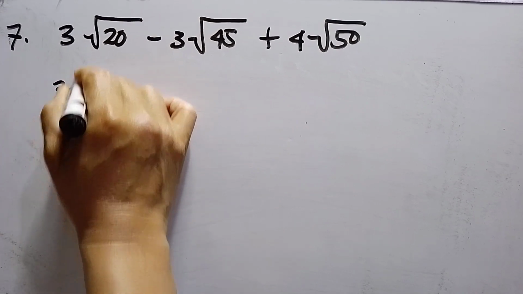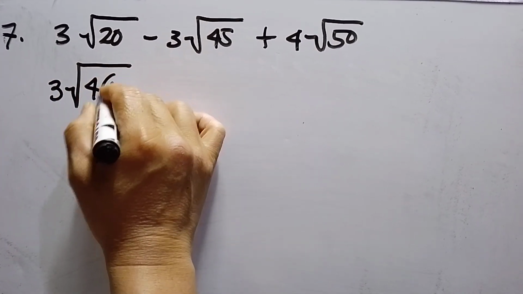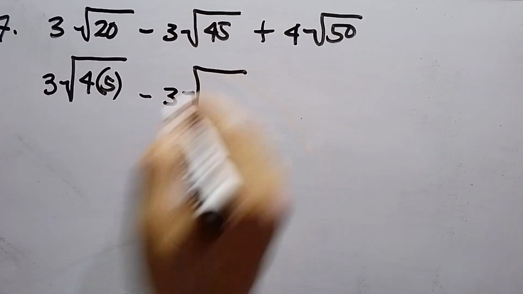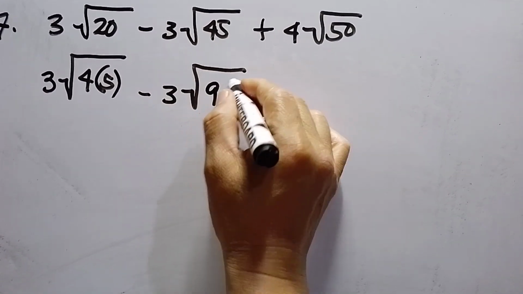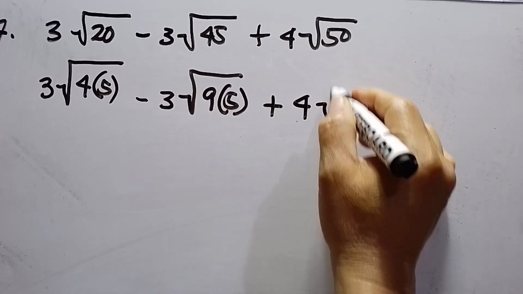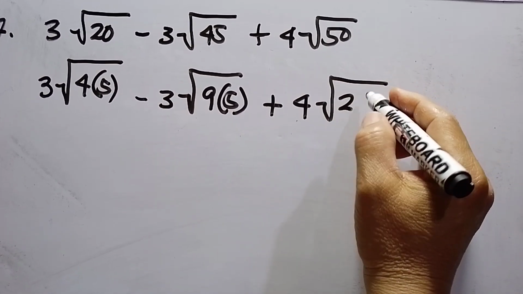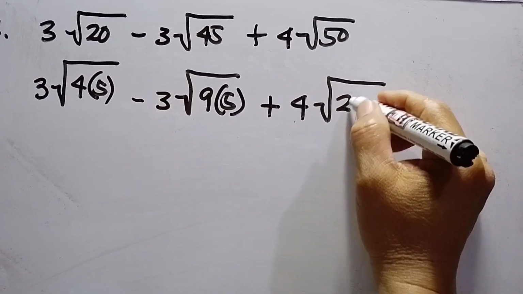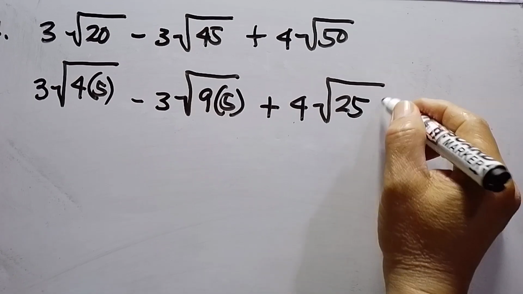So 3 square root of 4 times 5, that is 20. Then second, 45 is 9 times 5 plus 4 square root of 25 times 2.